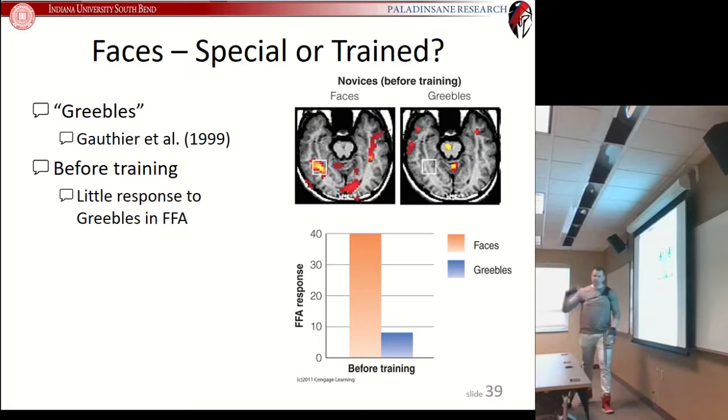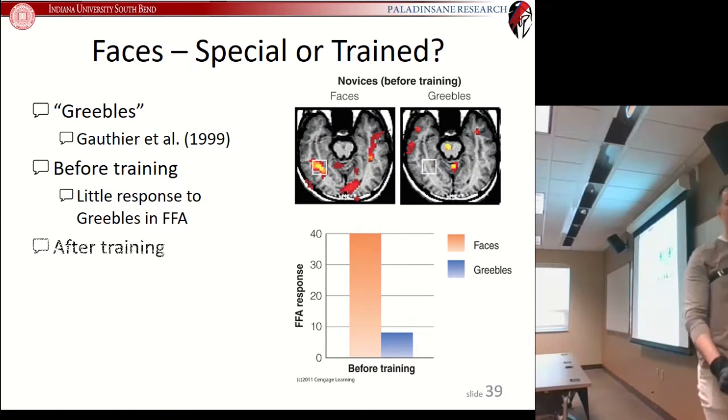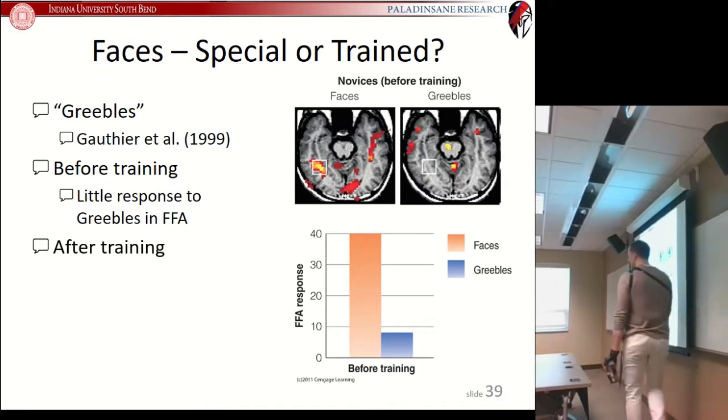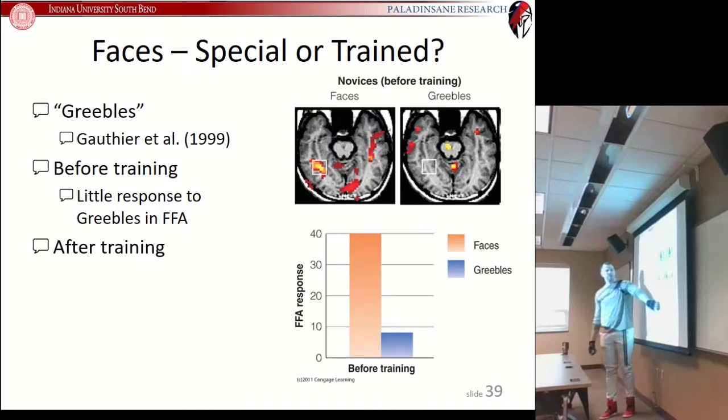All right, so that was before training. Then they went through that extensive training process and took a look at what happened to this fusiform face area after they were trained. The idea was that if the fusiform face area is specialized for faces and only for faces, then after training we should still see this pattern of results.